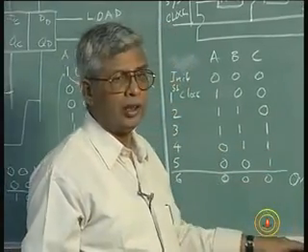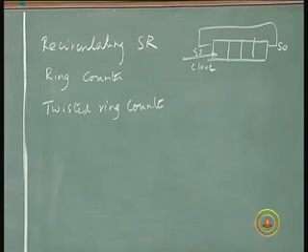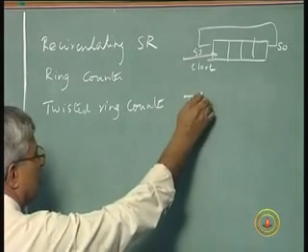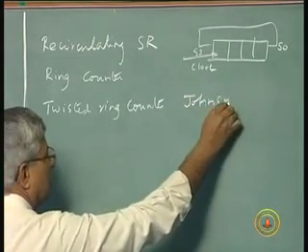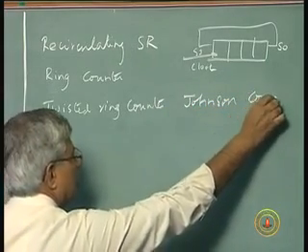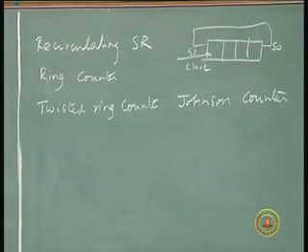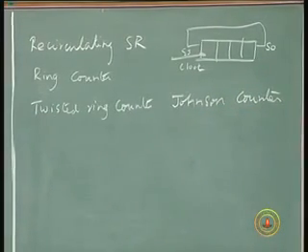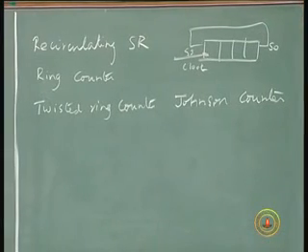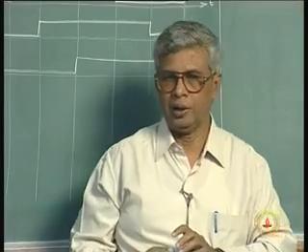This counter is also called a Johnson counter. Again, it's used commonly for multiple phase generation. As I said, if you want to have lights turning on and turning off in a particular sequence, you can do this. That is one example.